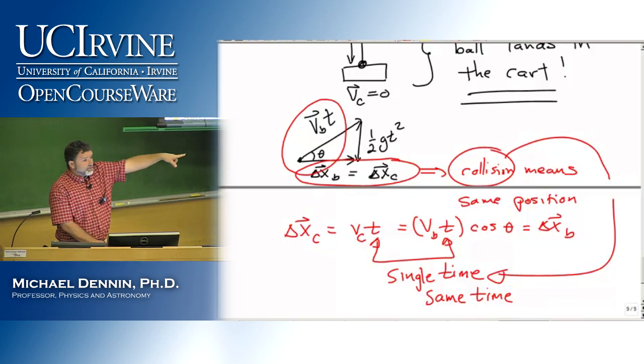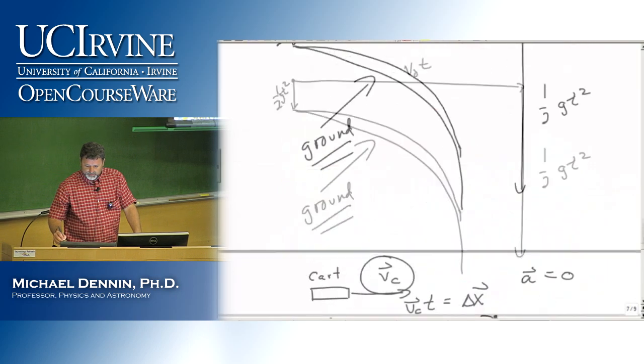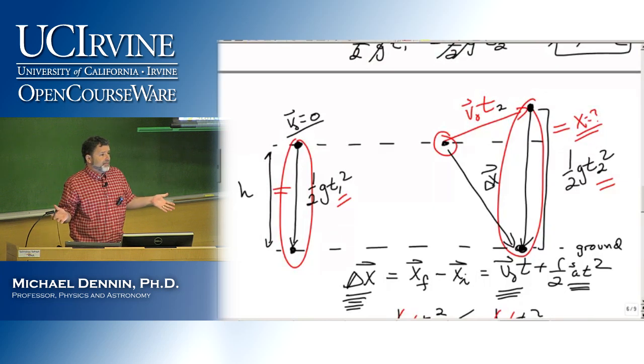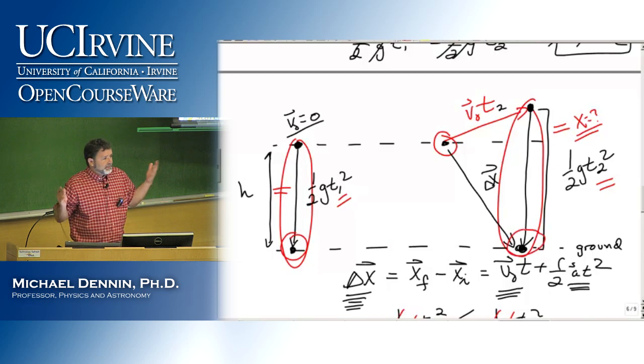So unlike my first demo, notice here I had a T1 and a T2 at the beginning because I didn't know if they were going to hit at the same time or not. They're hitting the ground at completely different places. There's no collision, so I don't necessarily need same time for them to hit the ground.